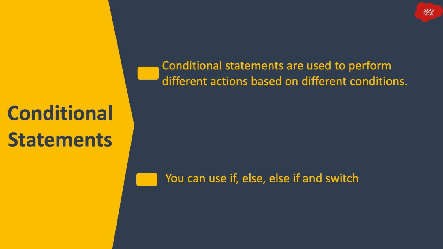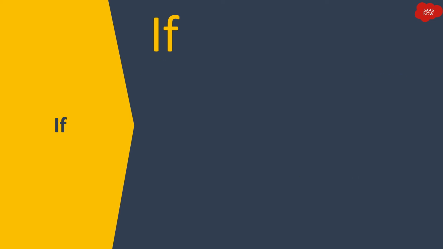You can use if, else, else if, and switch. These are basically reserved words which you can use to create conditional statements. You can use if to specify a block of code to be executed if a specified condition is true.